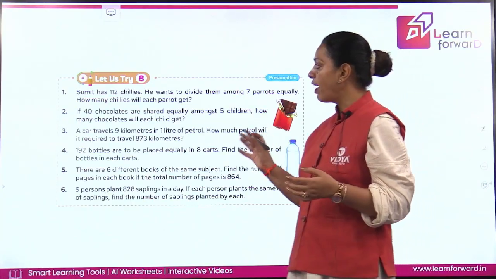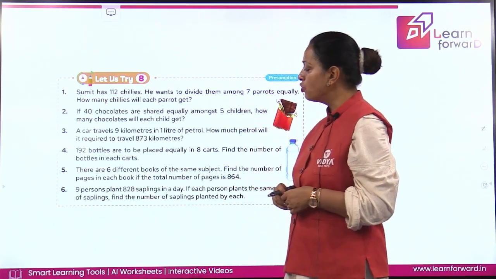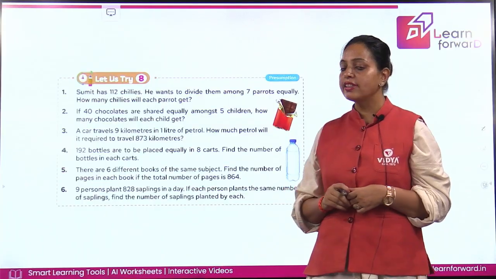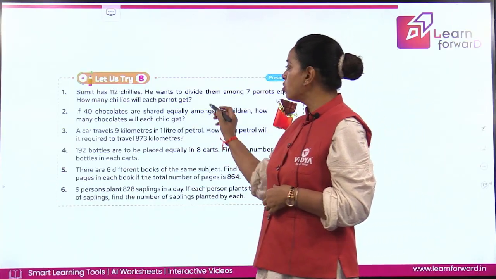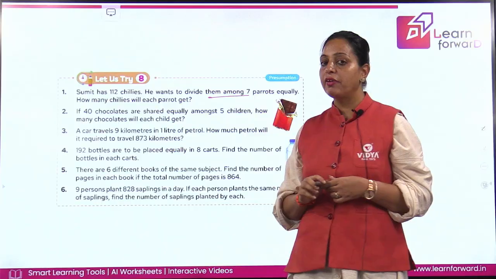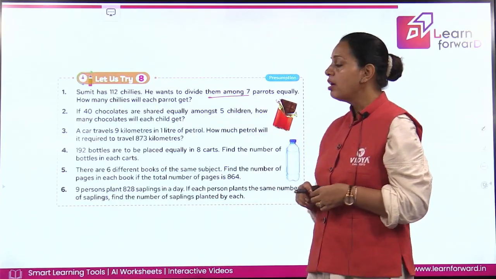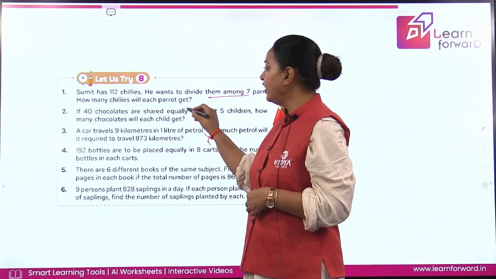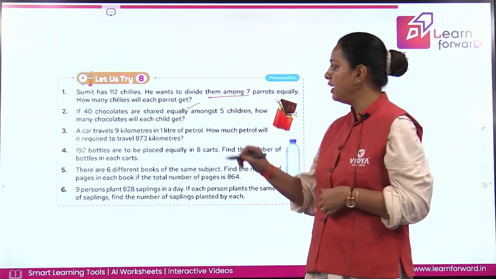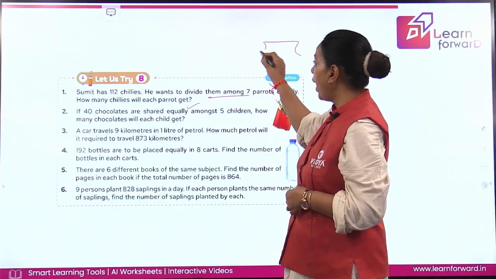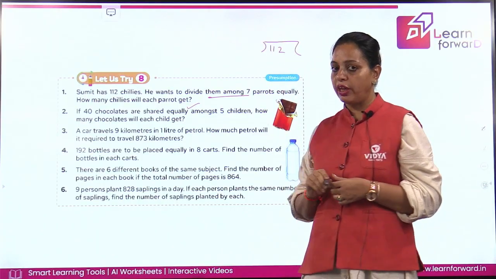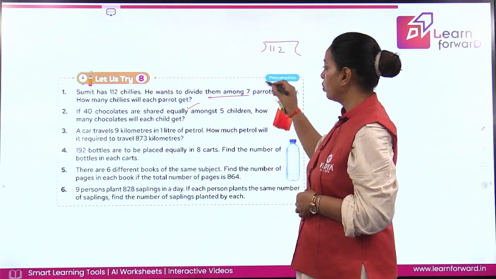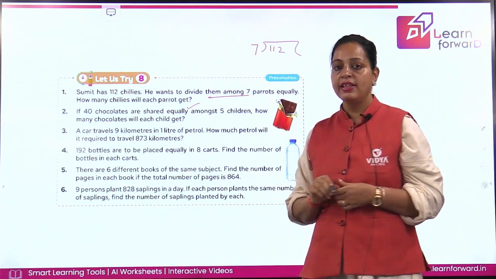Now let us try the 8th one. The first question. Sumit has 112 chilies. He wants to divide them among 7 parrots equally. How many chilies will each parrot get? You have to write down the statement also. Okay, so 112 total divided by 7.